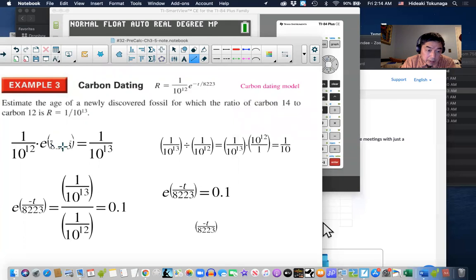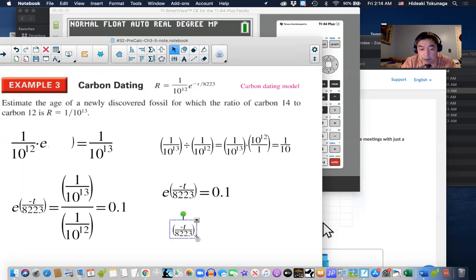So now everything is erased here. I wrote it down as an exponent, but this two didn't appear as an exponent.